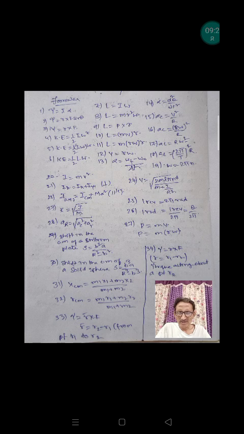Now coming to the 29th one, shifting the center of mass of a uniform plate. As we discussed in the earlier class, consider a uniform plate from which a small circular piece is cut and taken out.